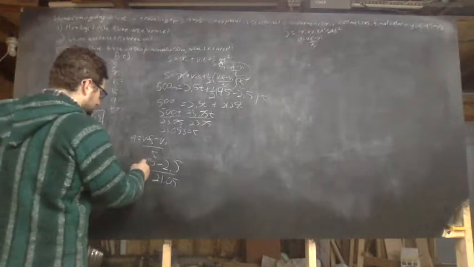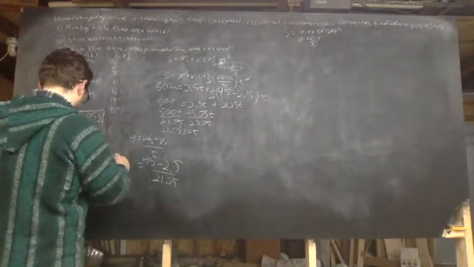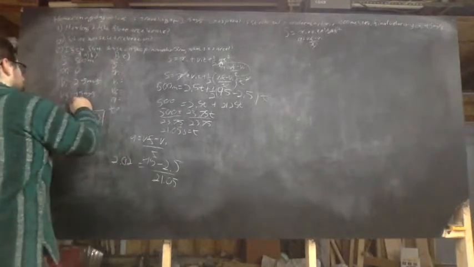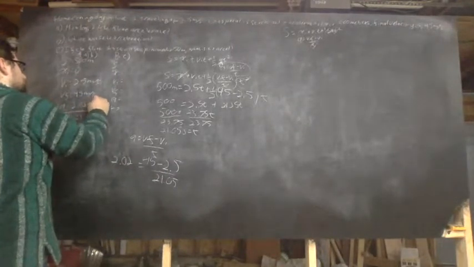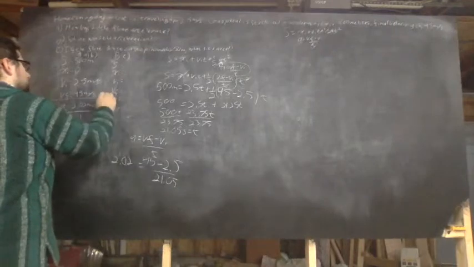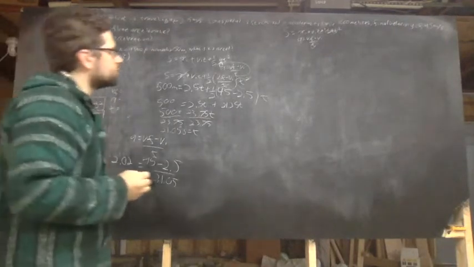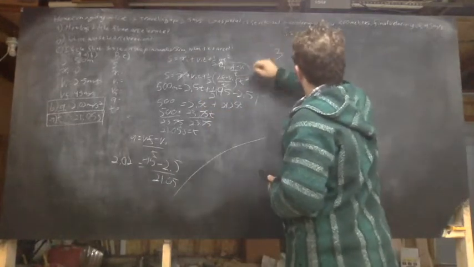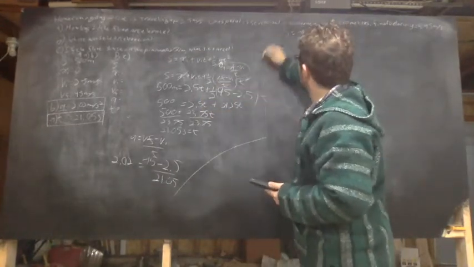That will give me an acceleration of 2.02. Writing that in, 2.02 meters per second squared. Now let's move on to part B. Or part C, I should say.